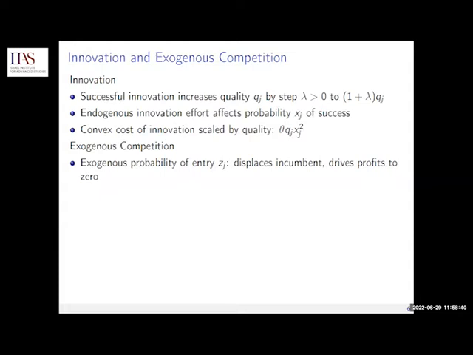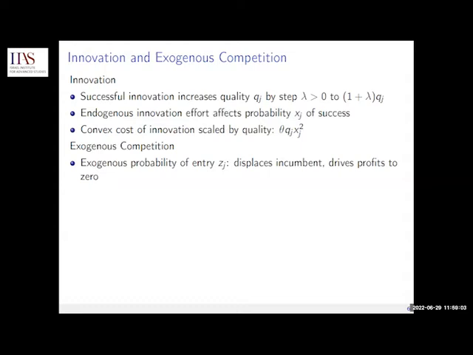Same way of modeling this continuous innovation effort. Before I had called this alpha, using the notation now from that different literature. So now we're calling this X. So XJ is the innovation effort, which is going to be that probability of a successful innovation.